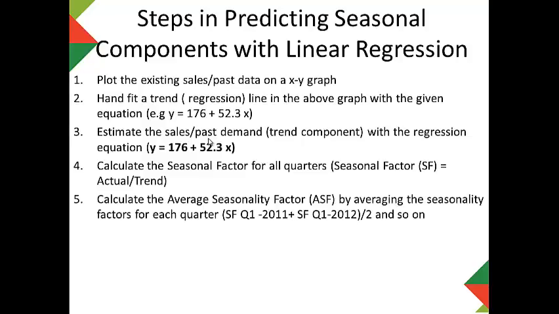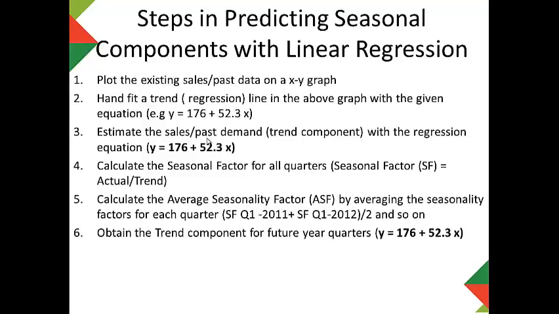So for example, we've got data for 2 years, 2011 and 2012, and we need Q1 for 2011 and Q1 for 2012. We need to add the seasonality factors and then divide by 2. That will give us the average seasonality factor, and then we can repeat the procedure for all the quarters of these 2 years.